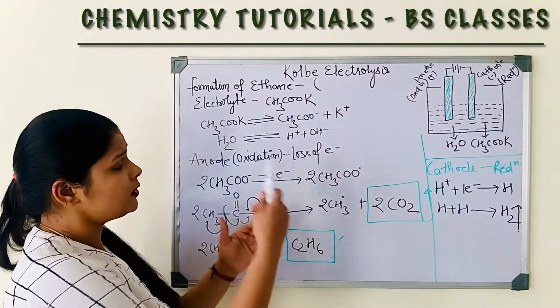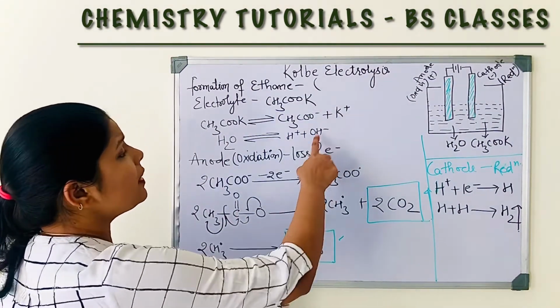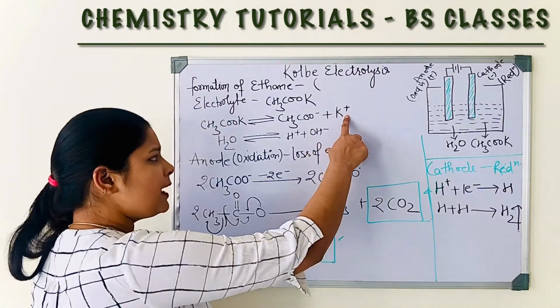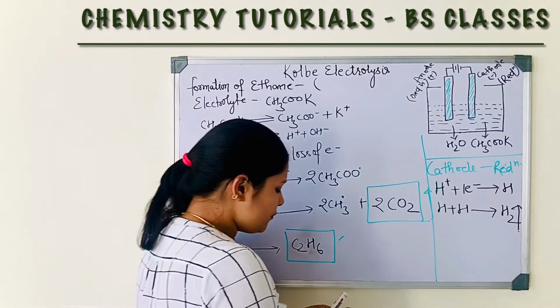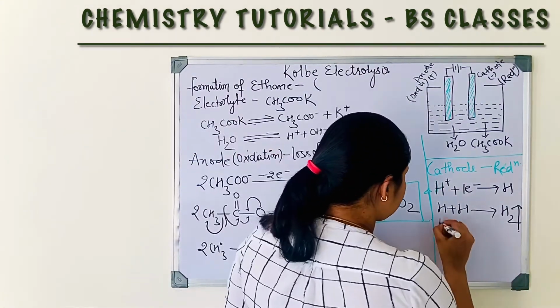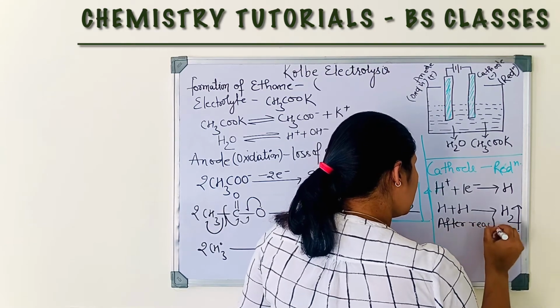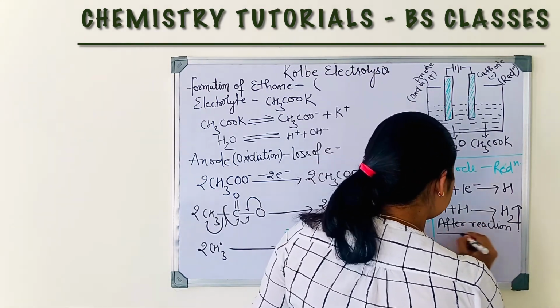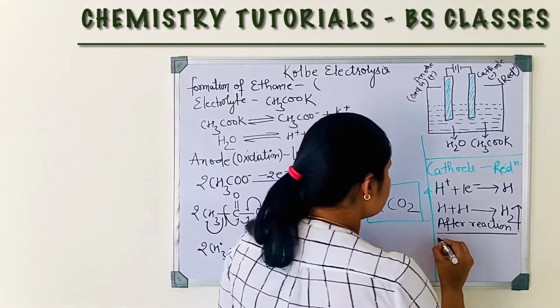Now after the completion of the reaction we have potassium ion and OH minus ion in the medium. That means after the reaction, the remaining ions are K plus and OH minus.